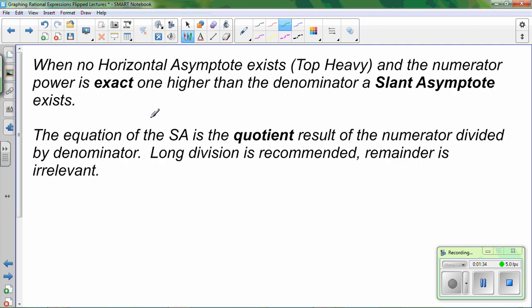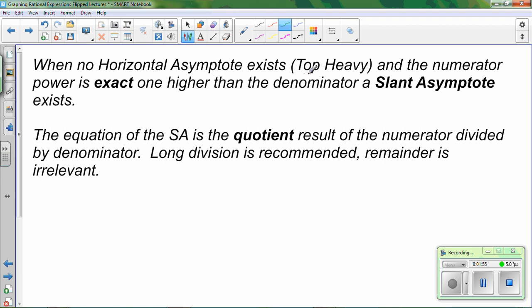In the last video, we did horizontal asymptotes. And there were 3 cases, comparing the highest exponent of the numerator and denominator. If the denominator was larger, then it was bottom heavy, and you had the equation y equals 0 as your asymptote. If the exponents were equal, then you had the fraction from the coefficients.